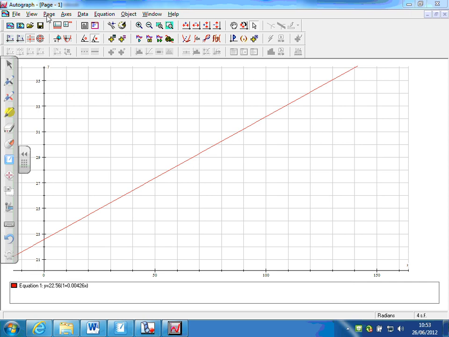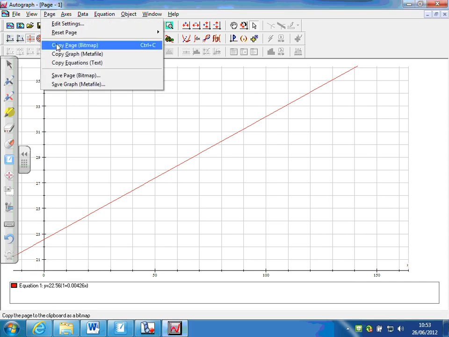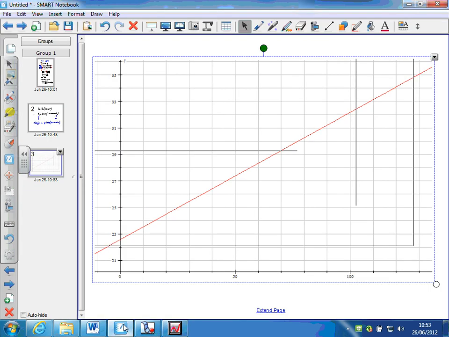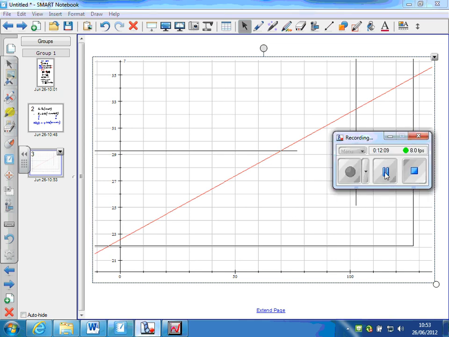But if you want to do it into a Word document, you would go to Page, Copy Page as a bitmap, and then you can put it into Word and cut and paste as usual. So there's the function, where those lines came from, but that's what you're looking for. So you can now use that function graph to find out values of resistance and temperature. I'll pause here and tidy that up.